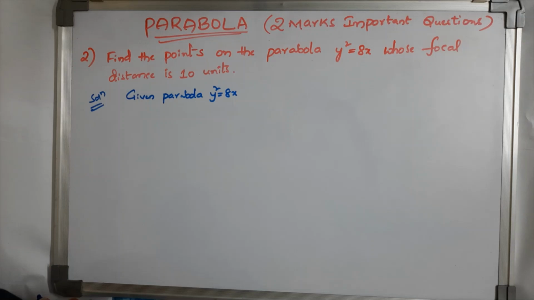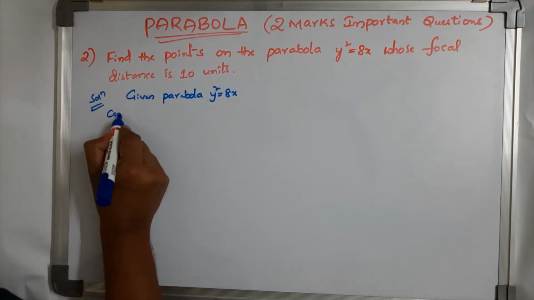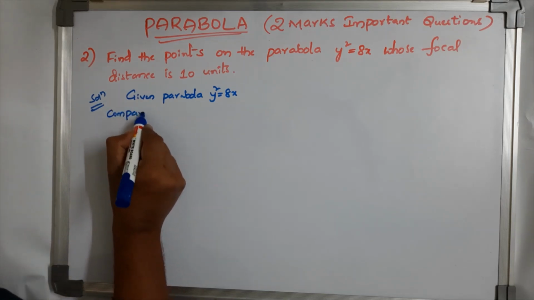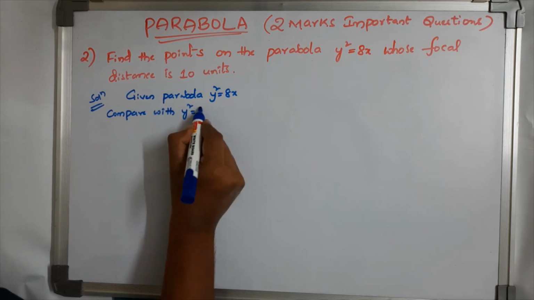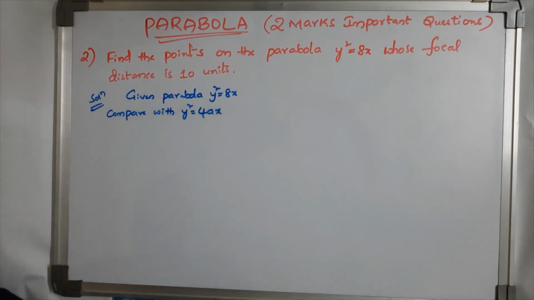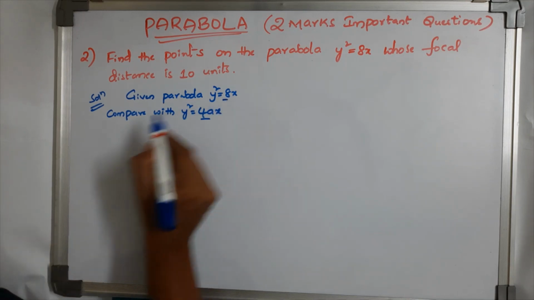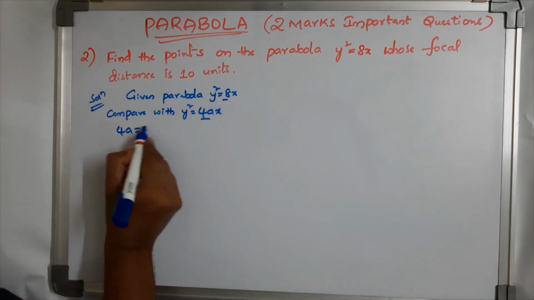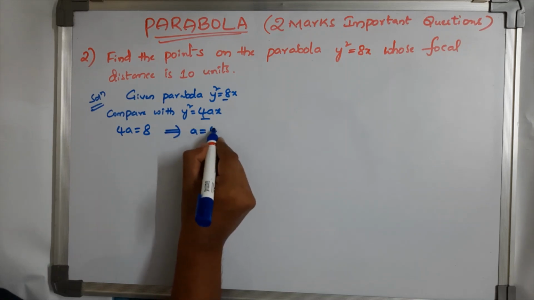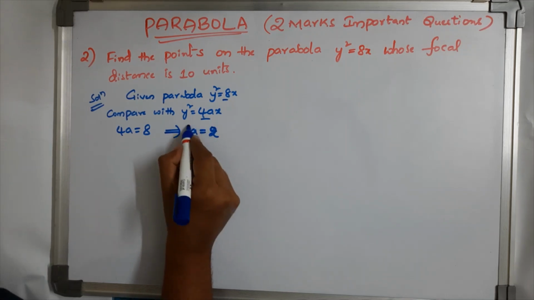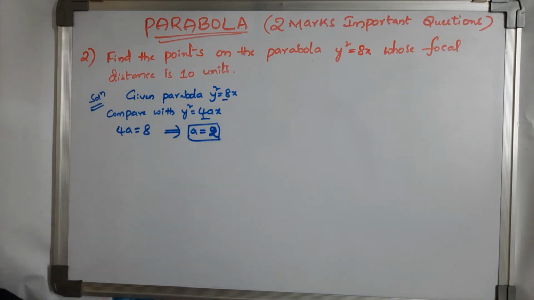What we have to do in the first step, compare this parabola with y square is equals to 4ax. Now you will get 4a is equals to 8, so that the value of a is 2. 8 by 4 is 2, right?